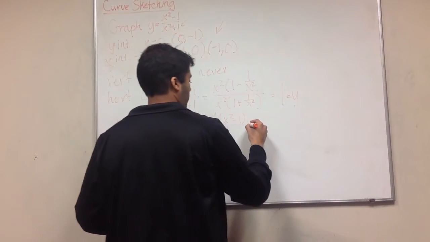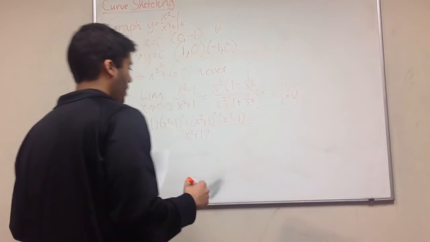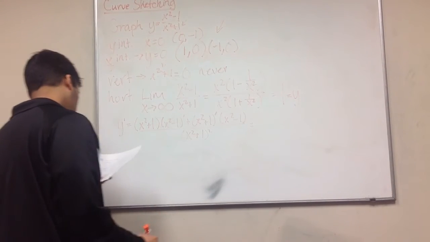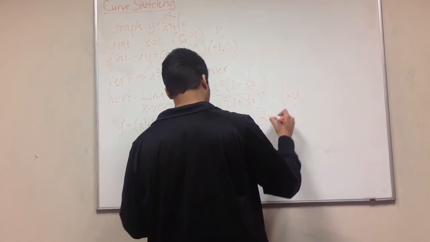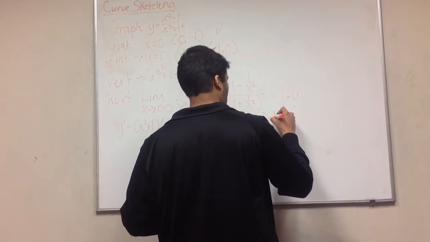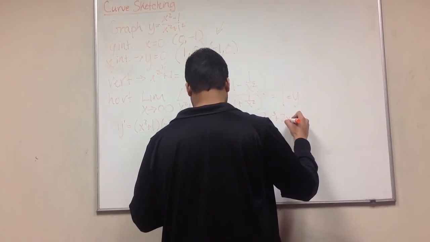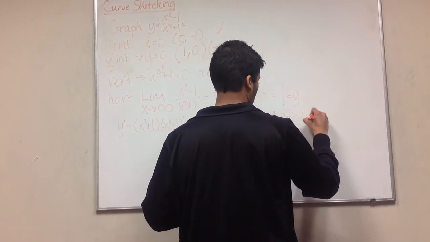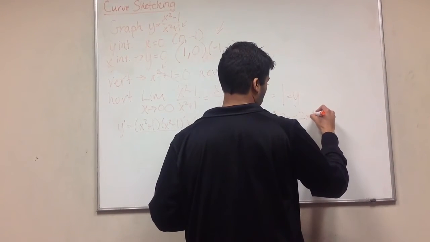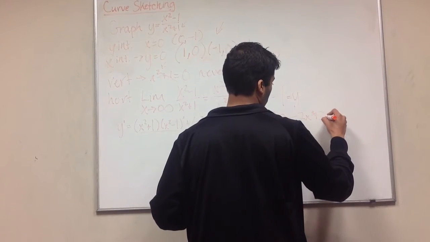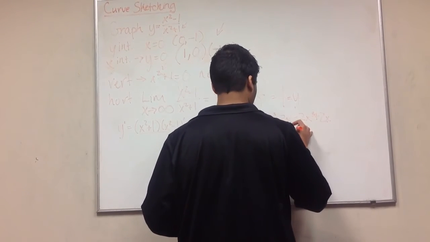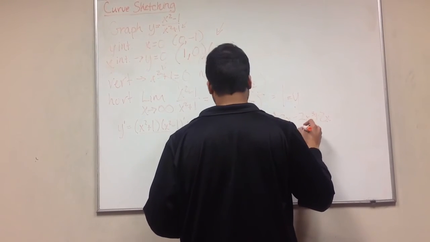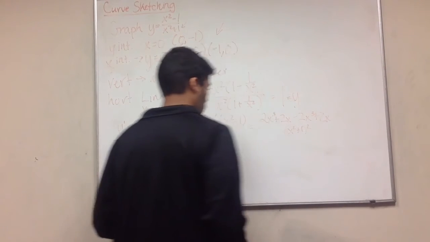We're going to jump forward and simplify this. It's going to be 2x cubed plus 2x minus 2x cubed plus 2x yet again, over x squared plus 1 squared.